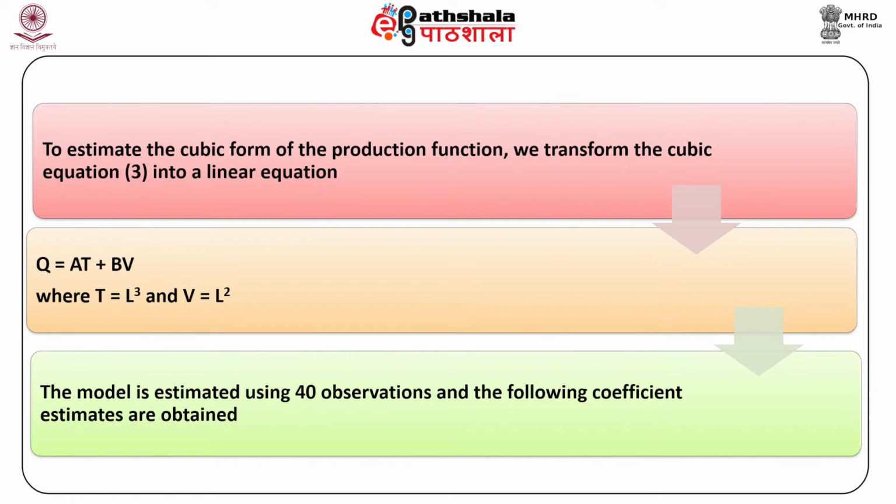To estimate the cubic form of the production function, we transform the cubic equation 3 into the linear equation, that is Q = AT + BV, where T = L³ and V = L². Since this cubic function did not have an intercept term, we estimate a constrained OLS model without a constant term, so that the regression line passes through the origin.